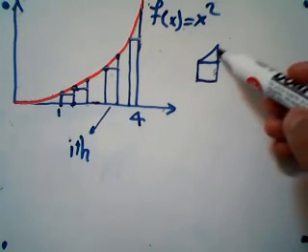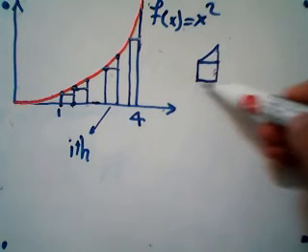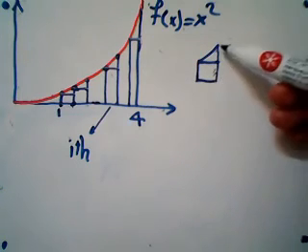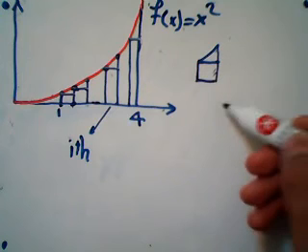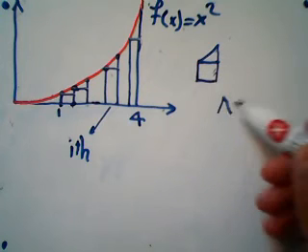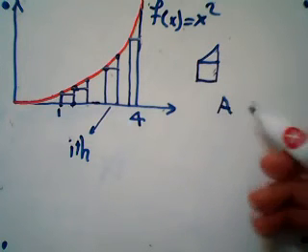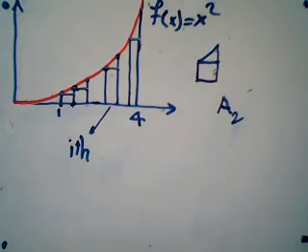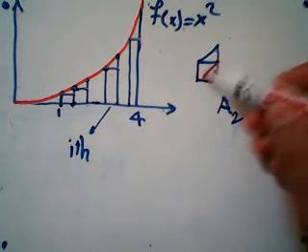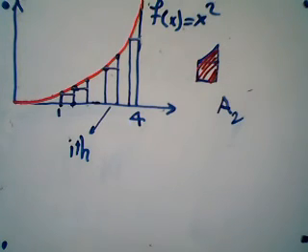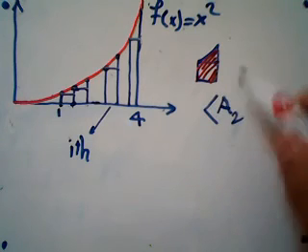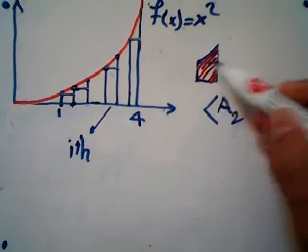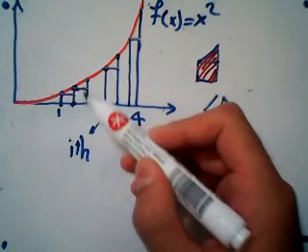Now, the area under the parabola and above the second subinterval between these two vertical lines is bigger than the area of this rectangle. Let's show that area by A2.